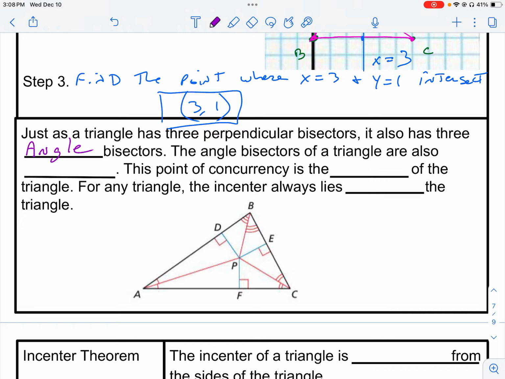The angle bisectors of a triangle are also concurrent. They're going to meet up at one place called the incenter of the triangle. And the incenter always lies inside of the triangle.